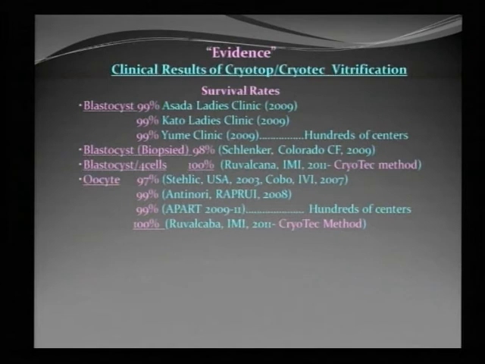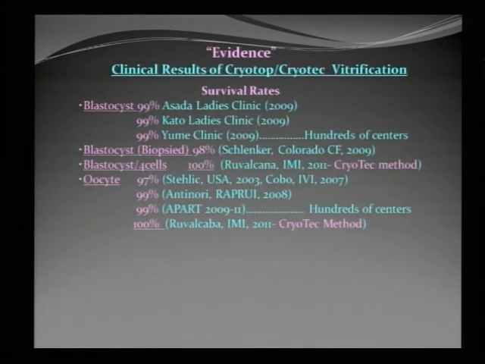So more than 60% of the pregnancies are twins. So I always ask them to transfer only one. With only one, we could obtain more than 45 or 50% pregnancy after single transfer of blastocysts and 4-cell embryos. And this is not Cryotop, this is the Cryotech method from last year.